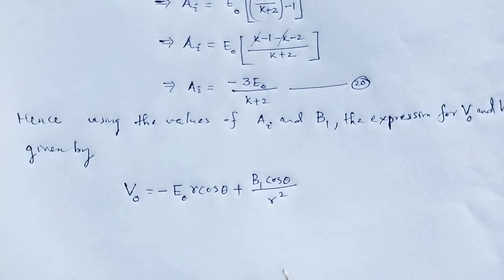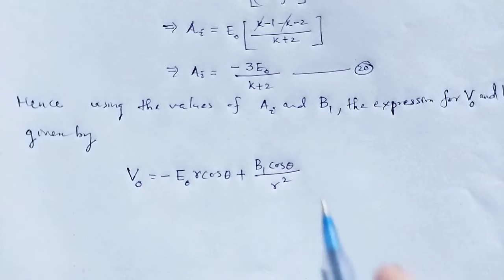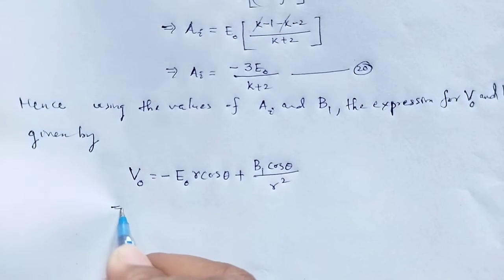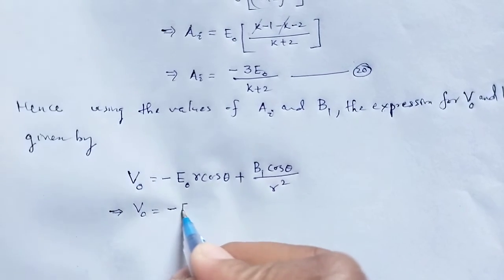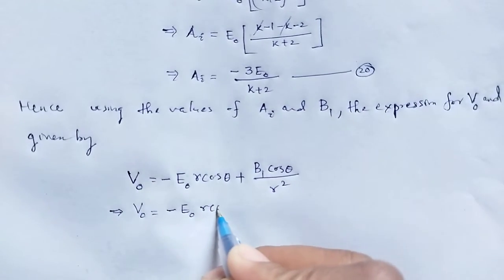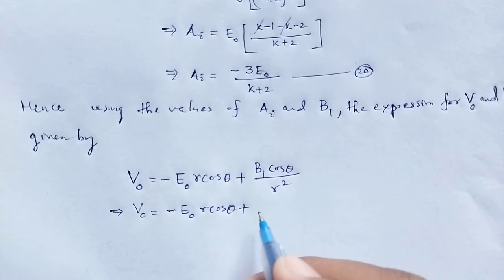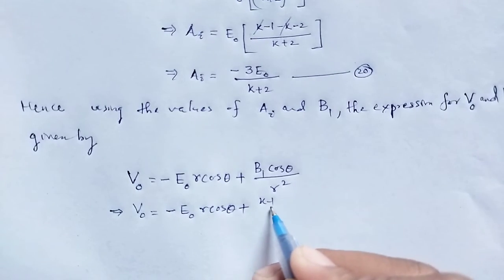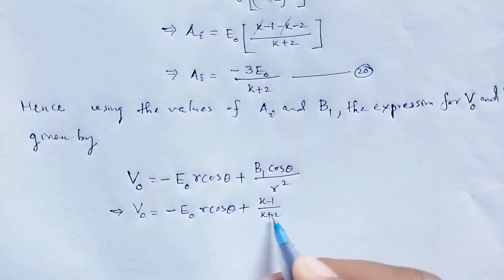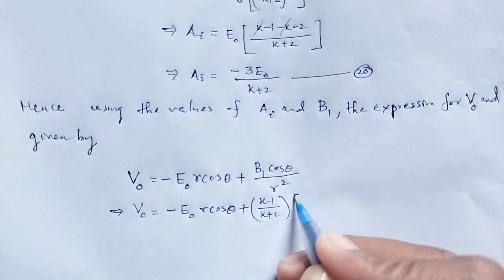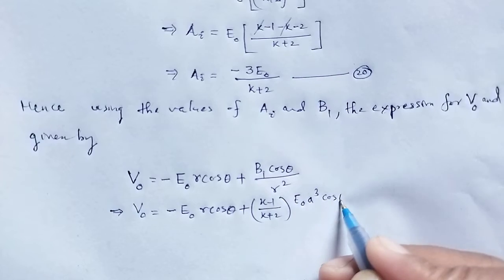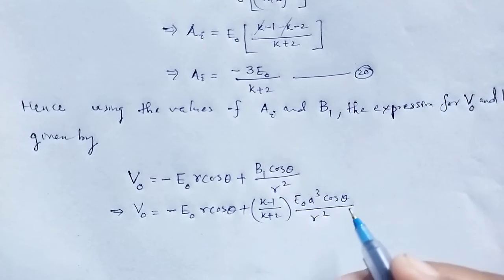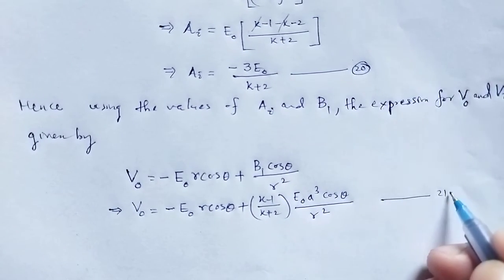Just putting the value of B1 here, we get V outside is equal to minus E naught R cos theta plus K minus 1 divided by K plus 2 E naught A cubed cos theta divided by R squared, equation number 21.